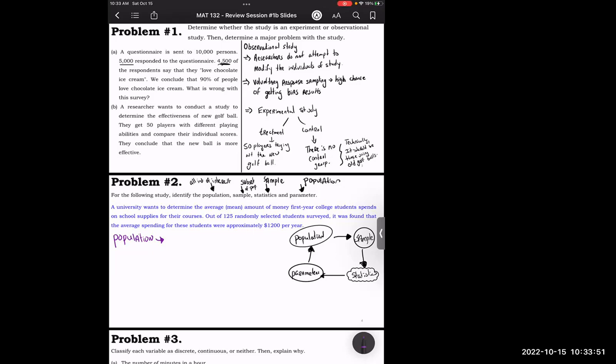Whatever university that is. So we say population is all. One of the key words, by the way, is that when you're talking about the population or describing it, at least, you should use the word all. So it's all college students.